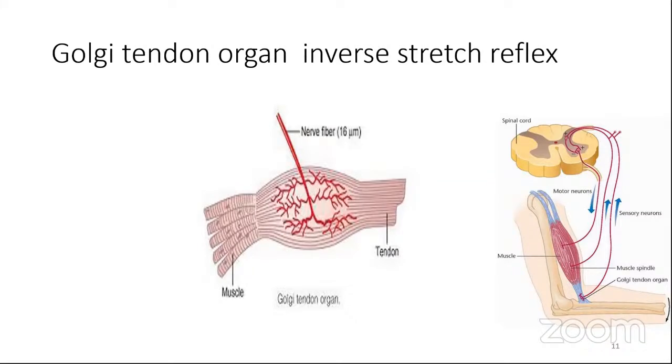They will reach the spinal cord, and they will cause relaxation of the extrafusal muscle fibers when the stretching is beyond a certain limit. So this is the pathway for inverse stretch reflex.